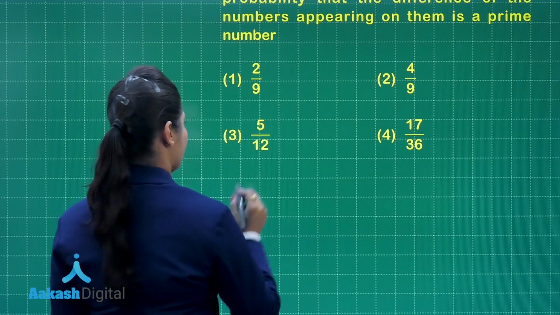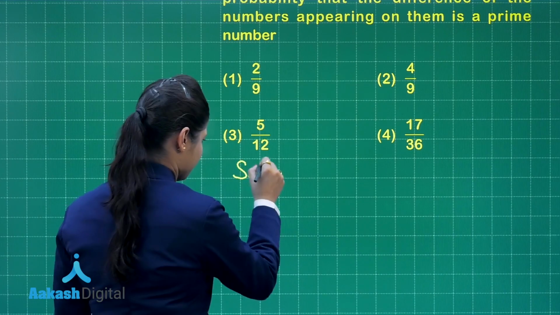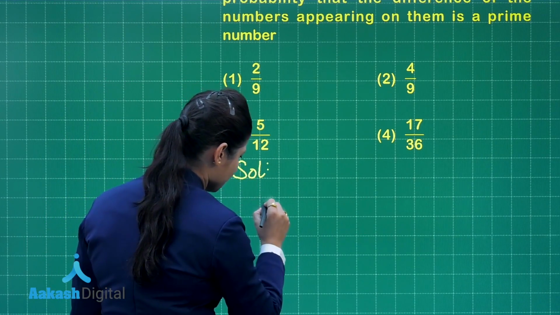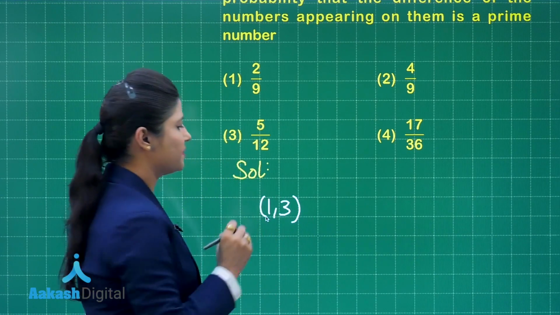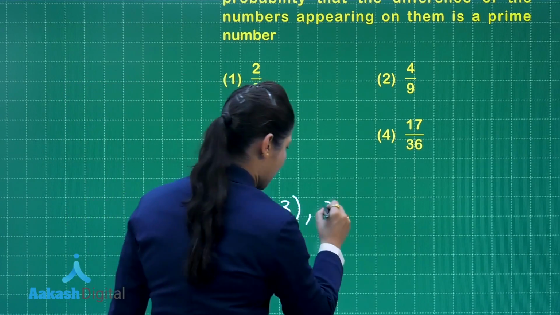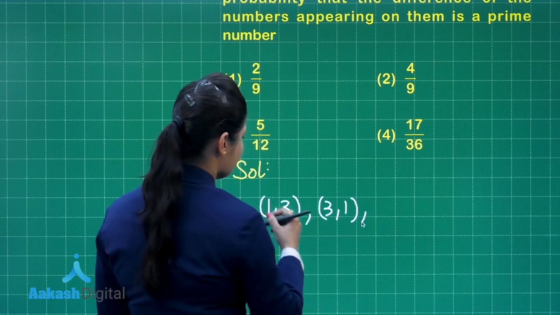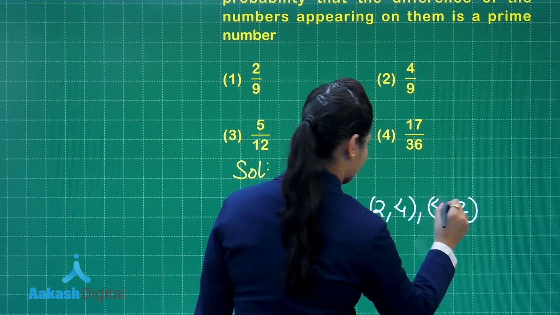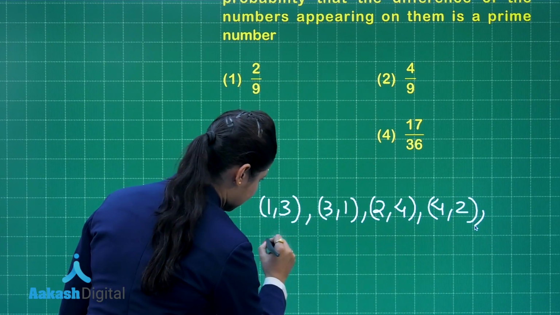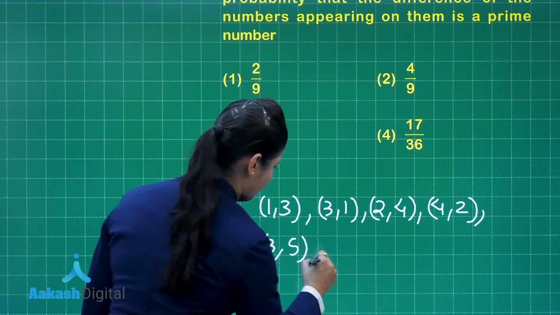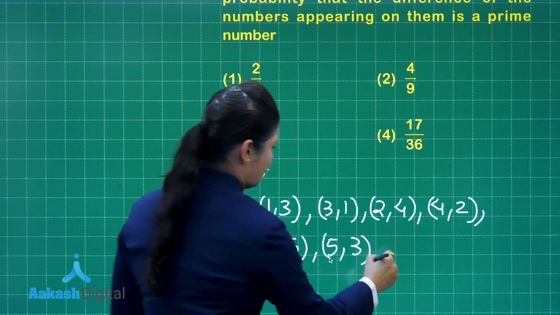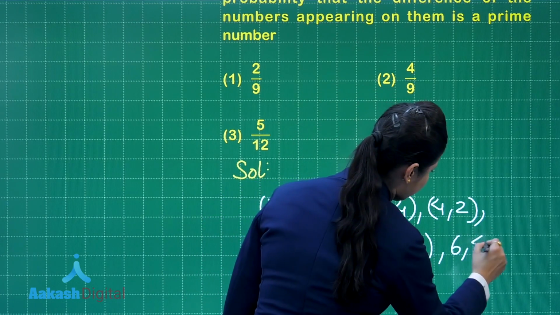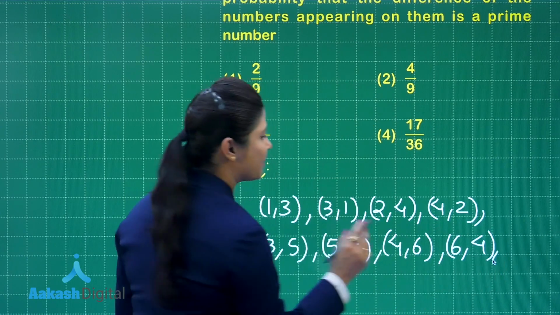If I count just the difference of 2, it will be shown if the numbers appear on the dice as 1, 3 or 3, 1, or else 2, 4 or 4, 2, or 3, 5 or 5, 3, or 4, 6 or 6, 4. So these appearances show that the difference is the prime number 2.